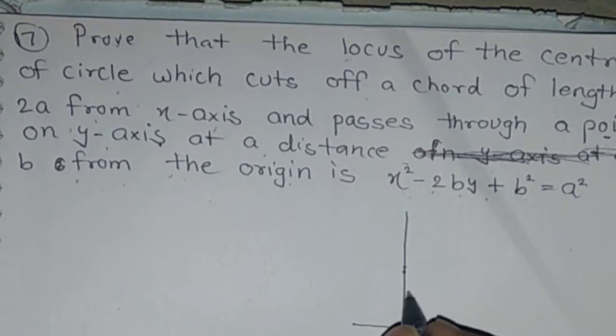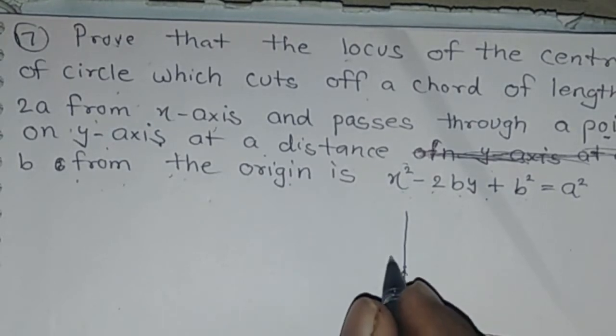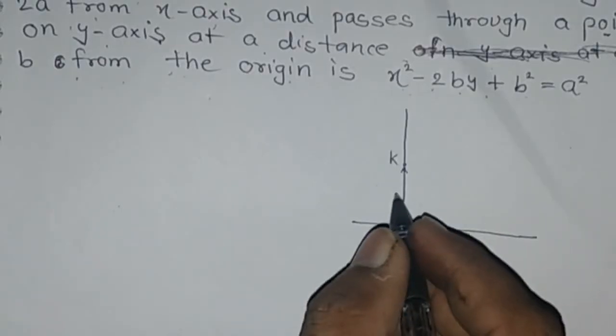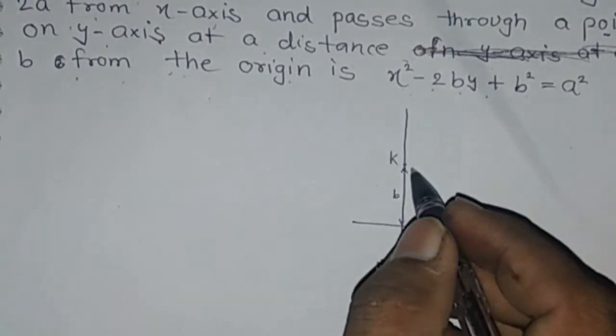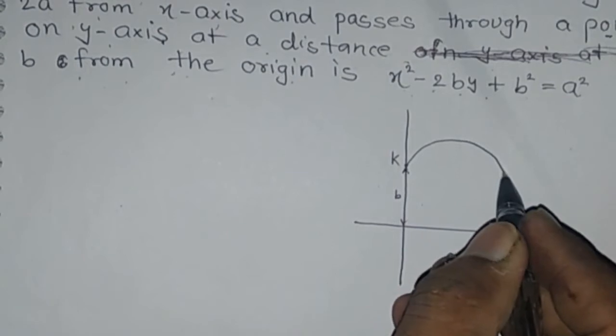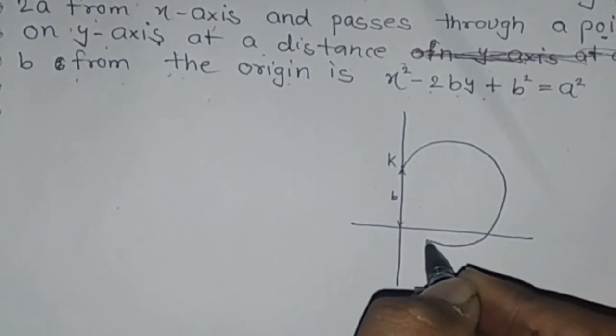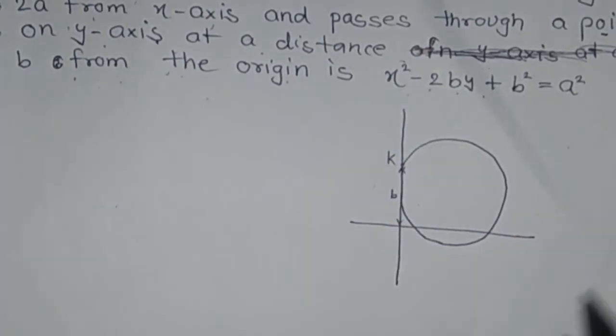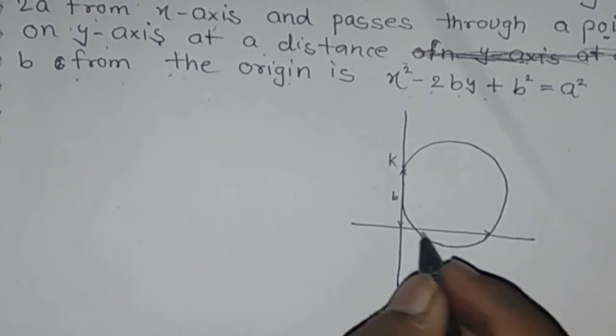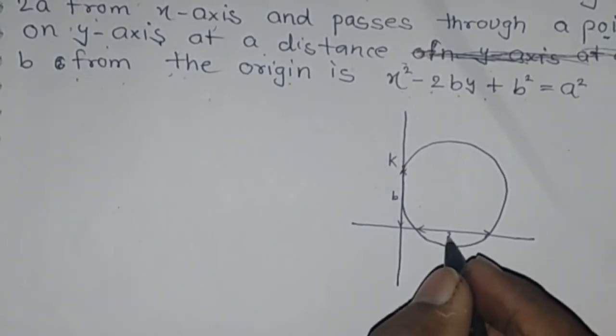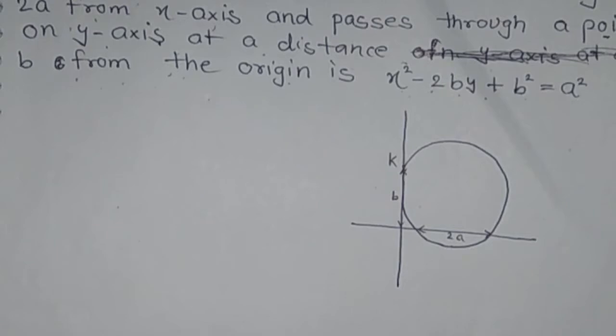That is, the point K on y-axis is at b distance. The circle passes through this point and cuts an intercept of 2a on x-axis.